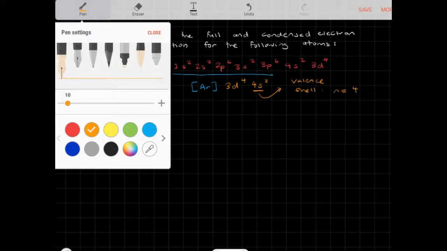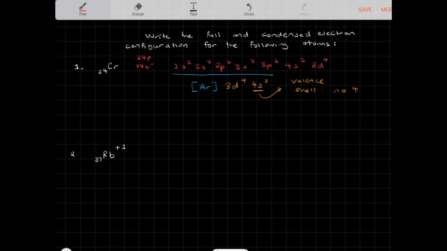Then I'm going to look at rubidium. I'm going to do the same thing. Rubidium has 37 protons, but because elemental rubidium has 37 electrons, plus 1 means it's lost 1 electron, so it has 36 electrons. If it's 36 electrons, we have 1s2, 2s2, 2p6, 3s2, 3p6, 4s2, 3d10.